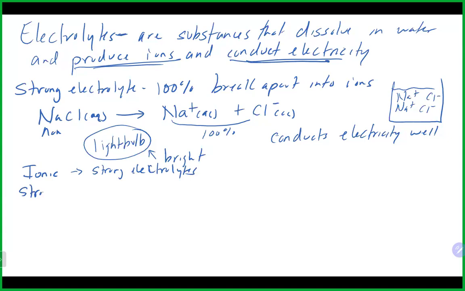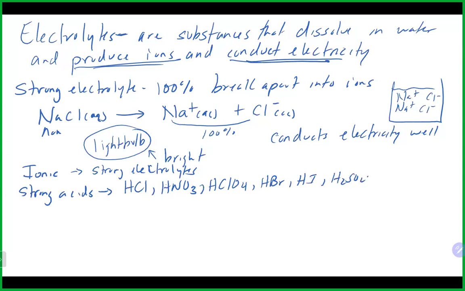Strong acids, like this list: hydrochloric acid, nitric acid, perchloric acid, hydrobromic acid, hydriodic acid, and sulfuric acid. These are all strong acids, or strong electrolytes. They completely break apart in solution. They do not stay together.